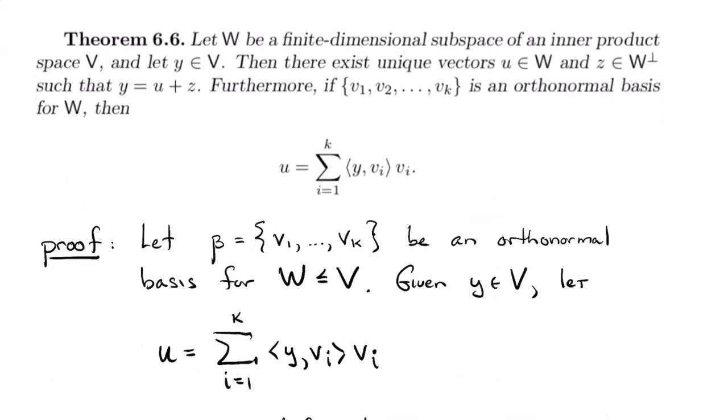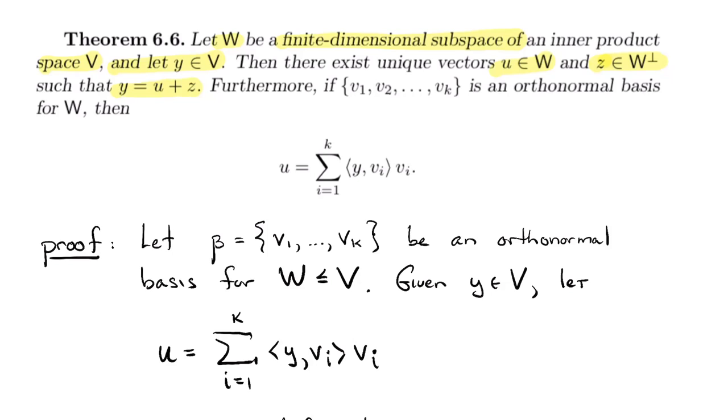So we've got two theorems to prove in this section. The first one, theorem 6.6, says that if we take a finite dimensional subspace of an inner product space V, which we'll call W, and then you pick any element y in V, you can always write that element as a sum, u plus z, where the first term in the sum comes from W and the second term comes from W perp.